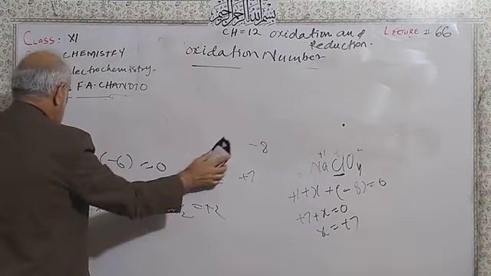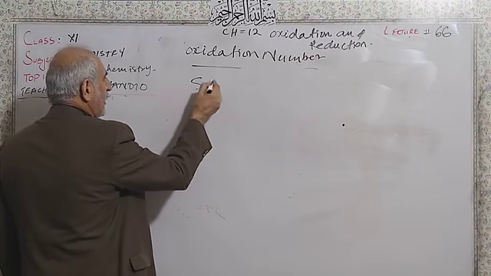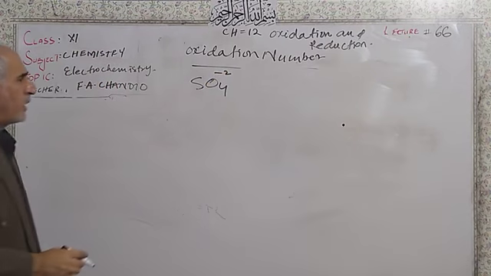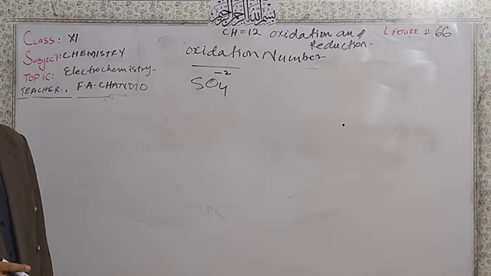And you can calculate oxidation number of the ions, just like sulfate. Sulfate has a negative 2. It's a compound radical, molecular ion. It has total negative 2 oxidation number. So that's why oxygen is negative 2. We can write like this.